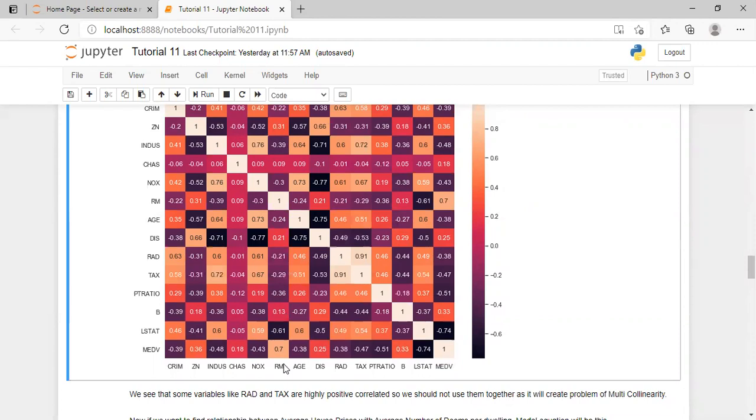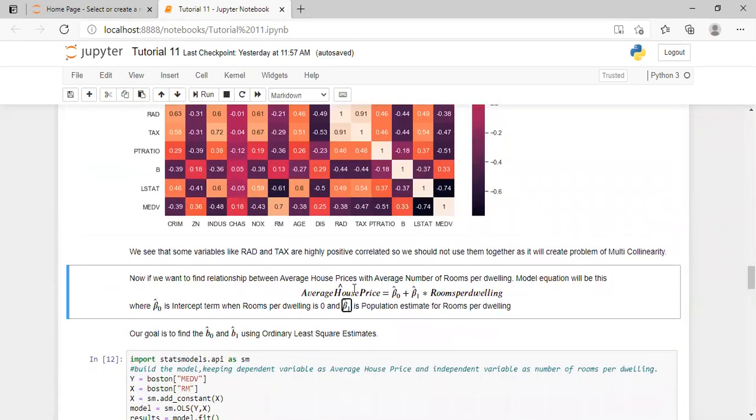By theory, by practical assumption, it says that yes, it increases, but by how much? If we increase rooms by one, how many dollars would my house price increase? So this is the type of problem I want to address.